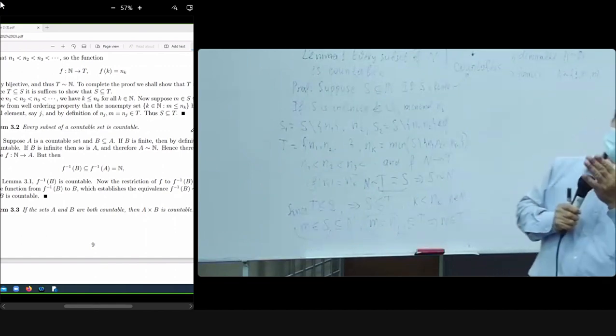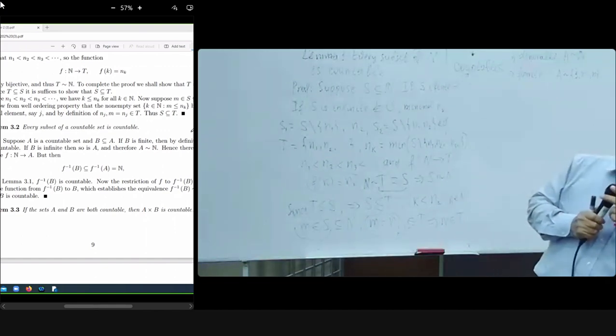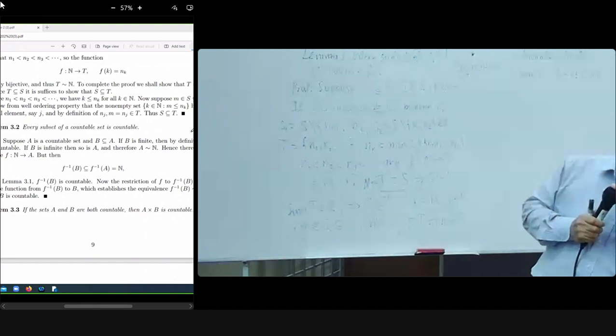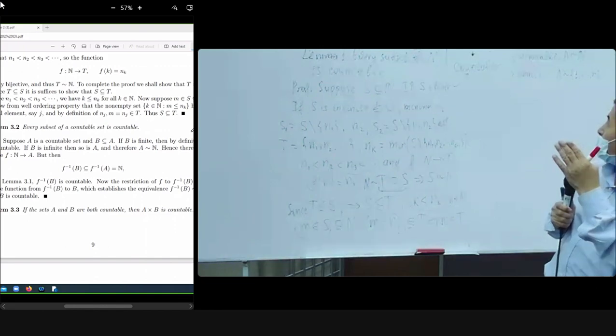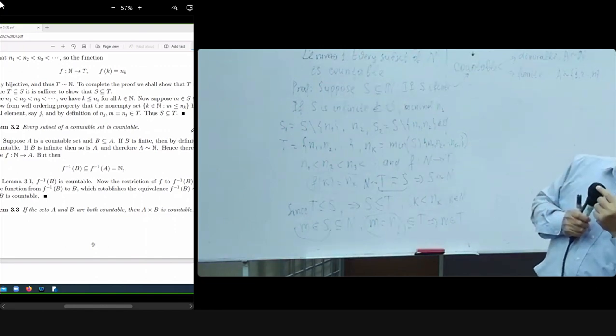Okay, the last one. The next is: every subset of a countable set is countable. Previously, we proved that every subset of N is countable.